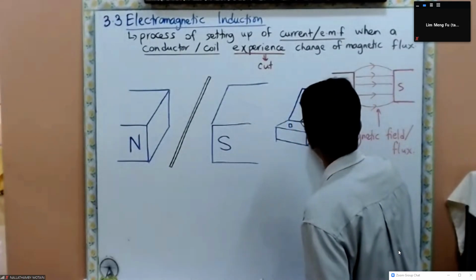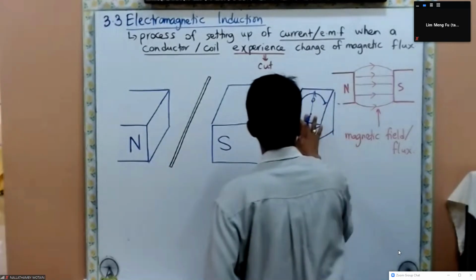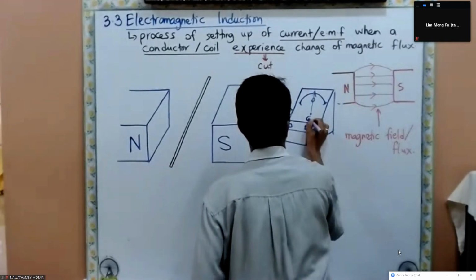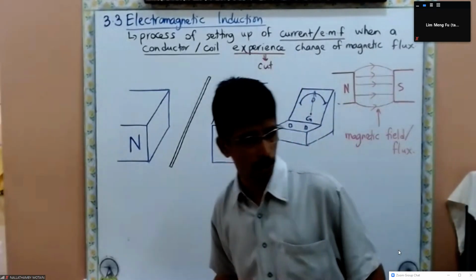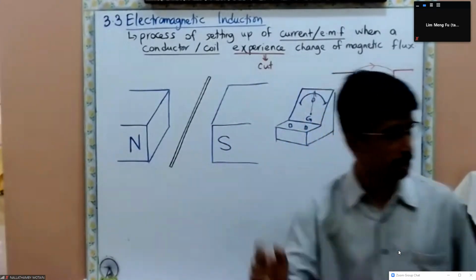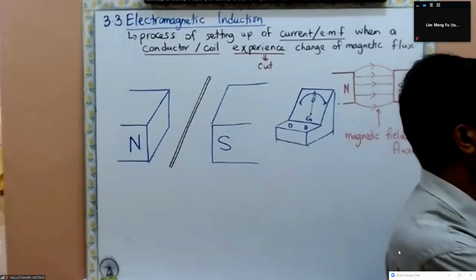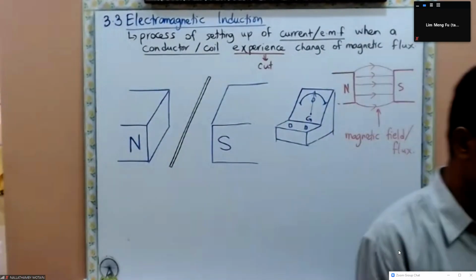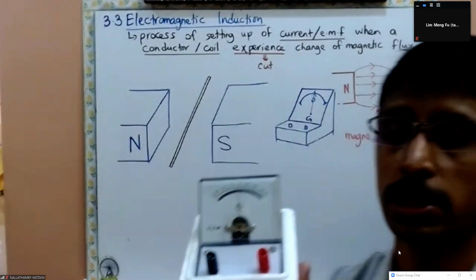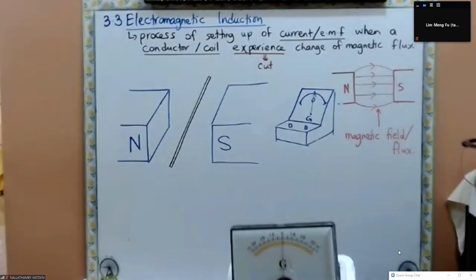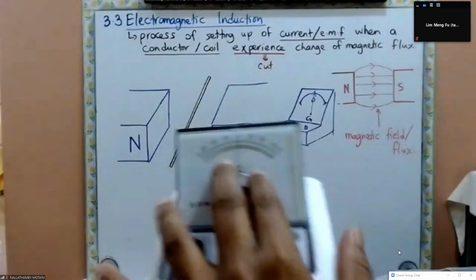Normally in school, the galvanometer you use is very sensitive and can detect a small current. But when I asked the salesman to bring the galvanometer, he brought this one, which is less sensitive.